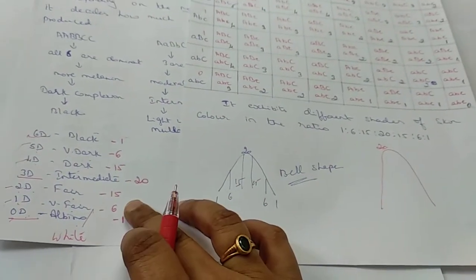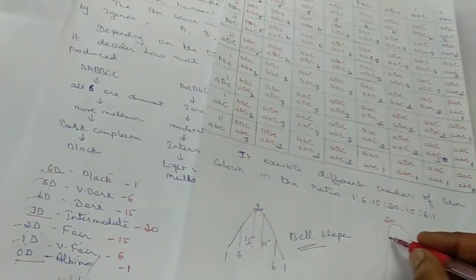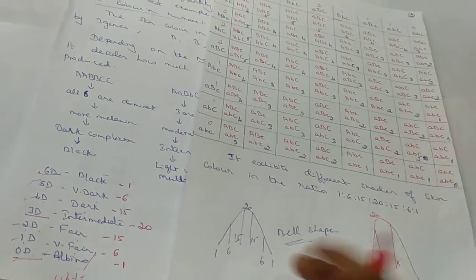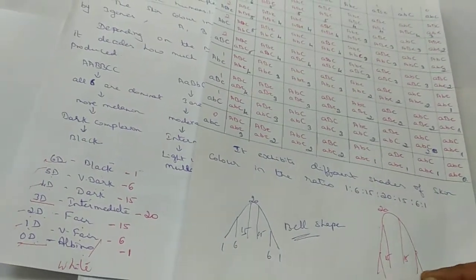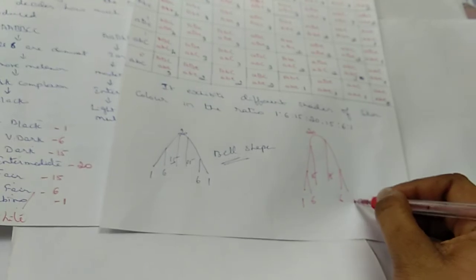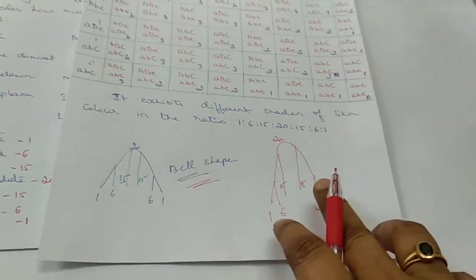Then there is a slight decline, with 15 and 15, and a further decline with 6 and 6. Finally, you get one extreme black and one extreme white. This is called the bell shape you get when you plot the graph.